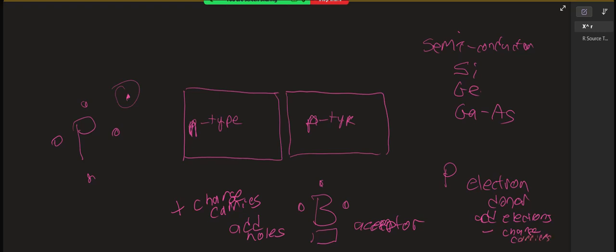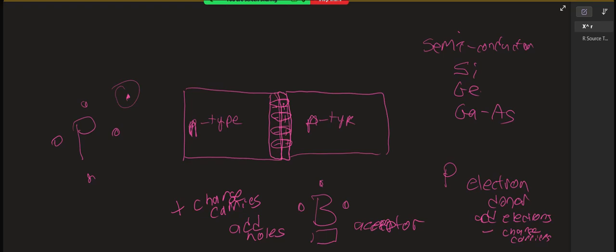But what happens is right here in the middle, on my n-type, I've got my electrons, and on the p-type, I've got the holes, and then these can recombine. Now, if you remember, I said that it wasn't actually charged.